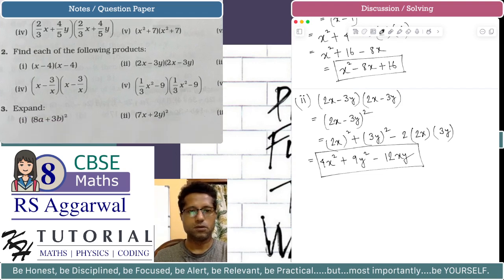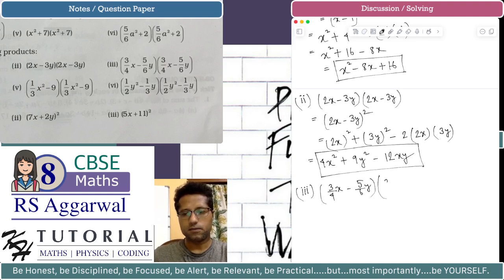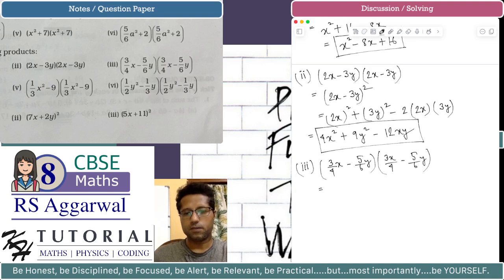So, part 3 is 3 by 4x minus 5 by 6y multiplied by 3 by 4x minus 5 by 6y. So again this is equal to 3 by 4x minus 5 by 6y whole square.